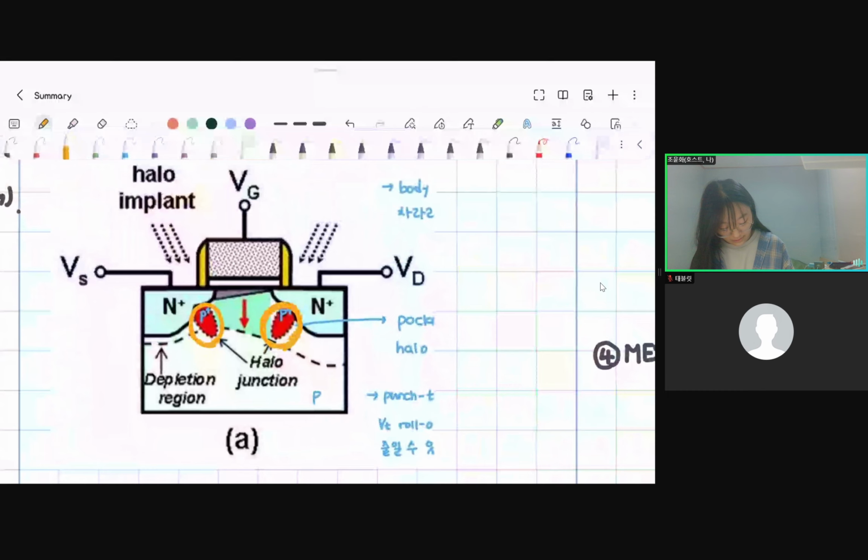We can see these two new junctions from here. We call this region the pocket junction or halo junction.